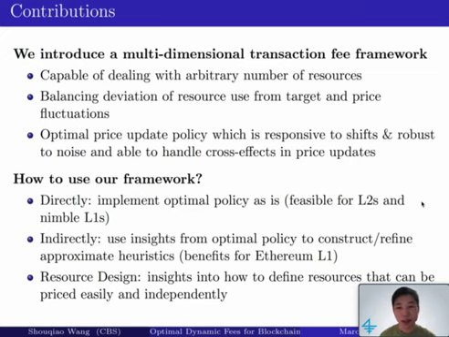So there are several ways to use our framework. First, it can be directly implemented for most L2s and for some nimble L1s. Alternatively, our framework would offer some insights to refine existing heuristics for Ethereum Layer 1. Lastly, we provide some valuable guidance on defining the multi-dimensional resources, which can be priced independently and effectively.